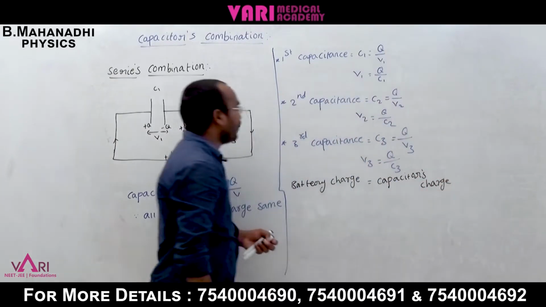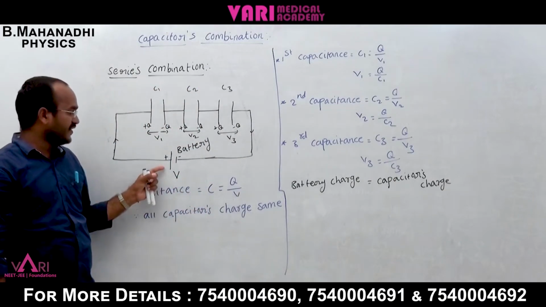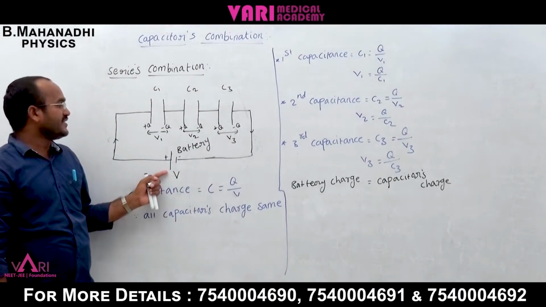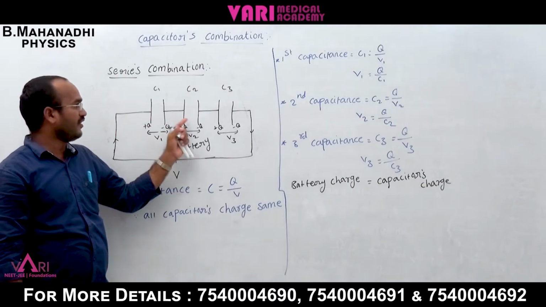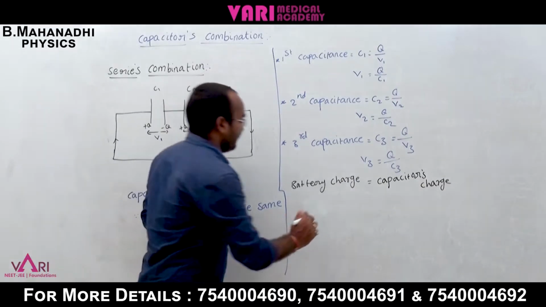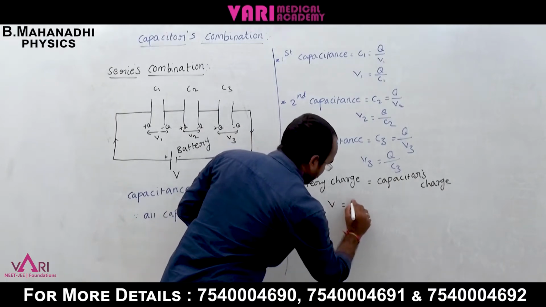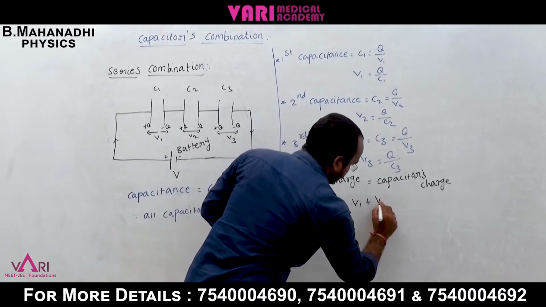Now the battery potential V is equal to the summation of the individual capacitor potentials. V equals V1 plus V2 plus V3.